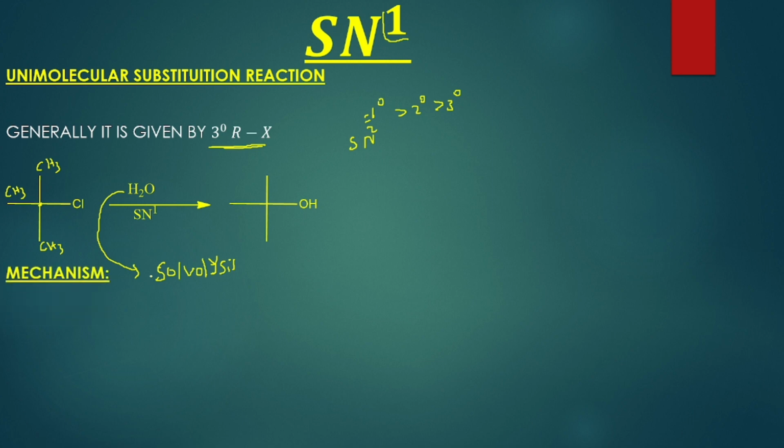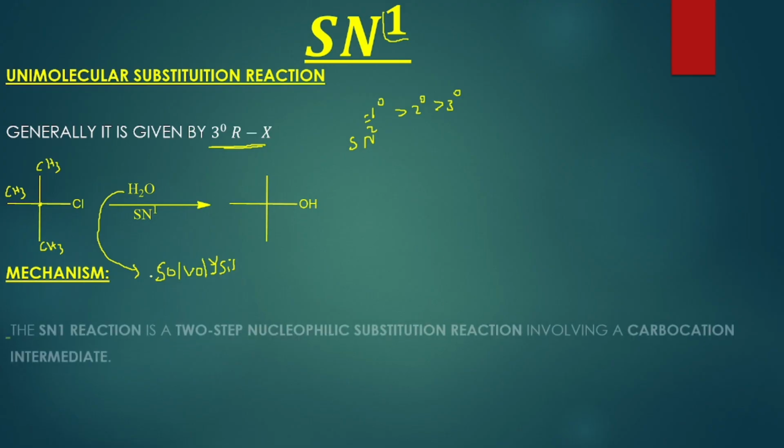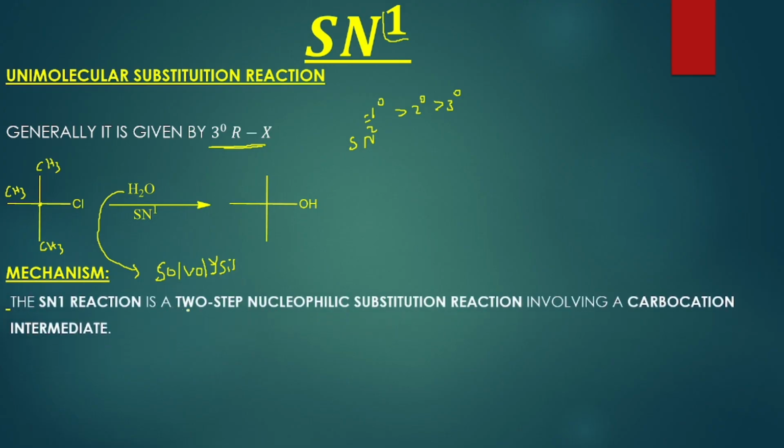Let's see the mechanism, how this reaction is taking place. The SN1 reaction is a two-step nucleophilic substitution reaction involving a carbocation intermediate. Sir, why like this? Not understood clearly. In the SN2 reaction, you said there is no possibility of front side attack, that's why the nucleophile attacks from the back side. But here in the SN1 reaction, why, sir?